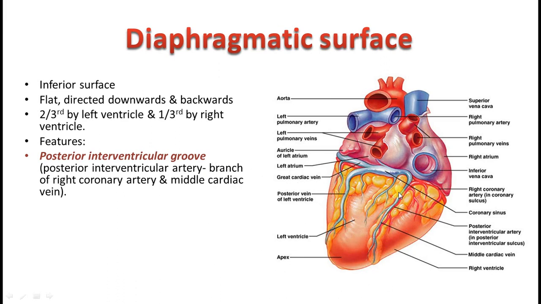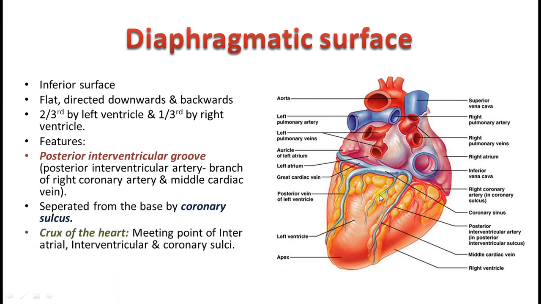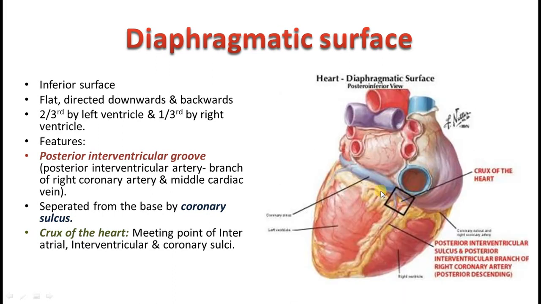Next is the coronary sulcus, which separates it from the base. What is actually the crux of the heart? Here in this area, what you see is the crux of the heart.